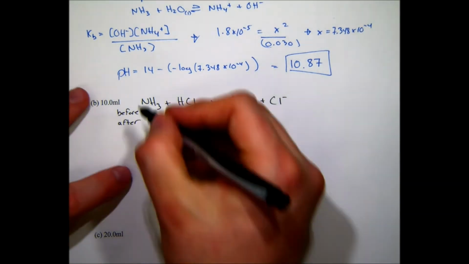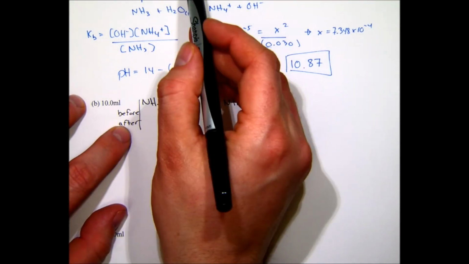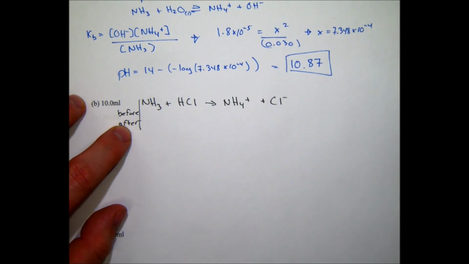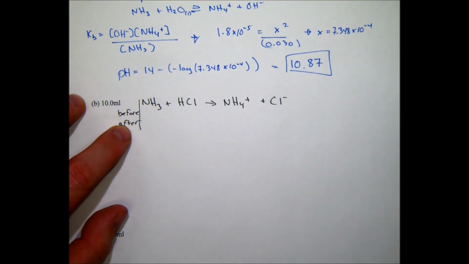For the before, we have 30 mL of 0.030 molar. In the before and after box, you're using moles, not concentrations.